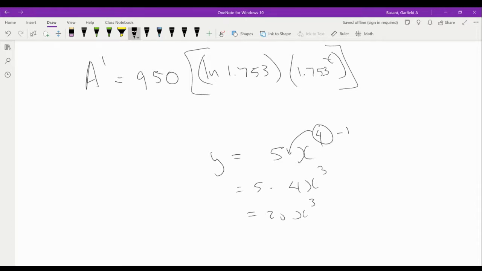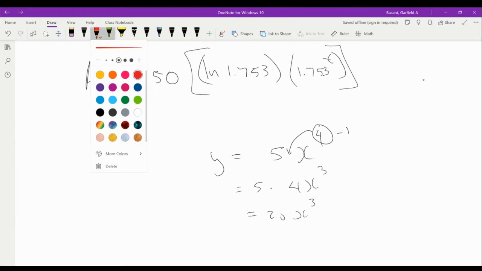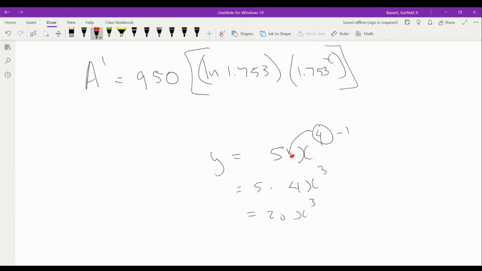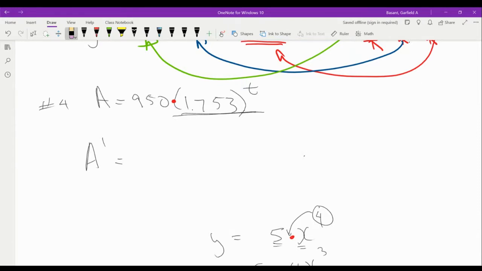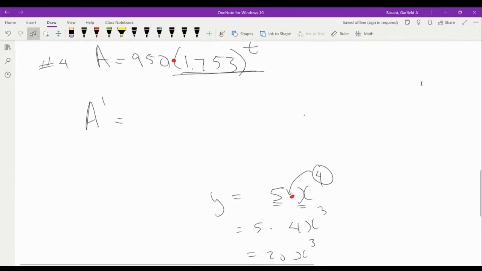Now let's look at this. This is 5 times x to the 4th, right? Going back to this problem. There's a multiplication in between the 5 and the x. It's just a constant. It is no different on this problem here, right? This is 950 times the 1.753 to the t power. So just like the 5 below, we still have the 950.